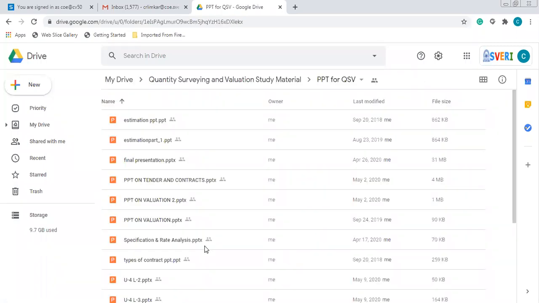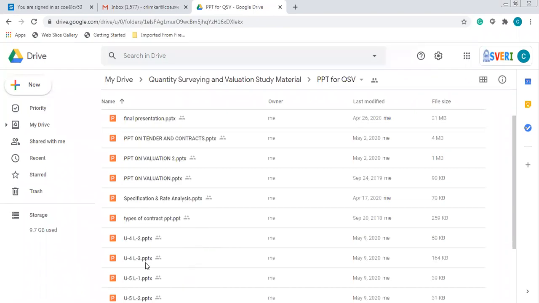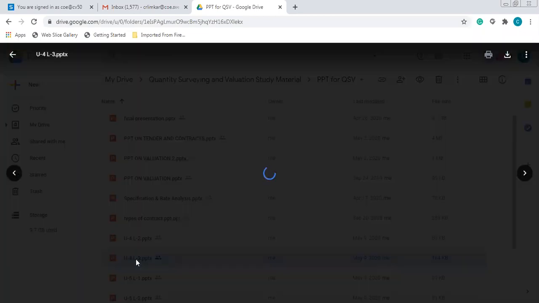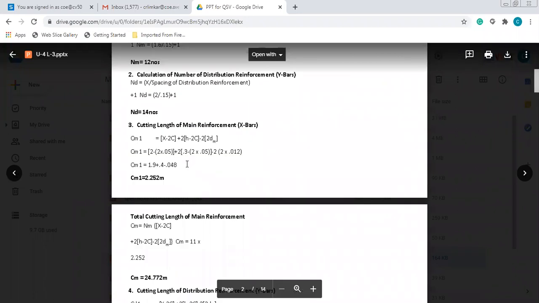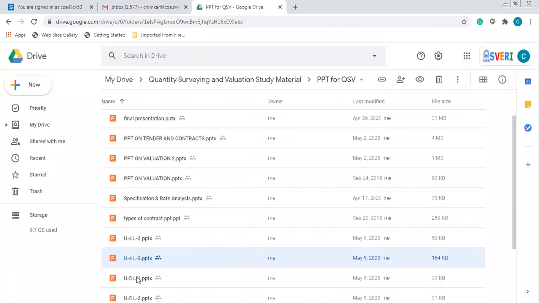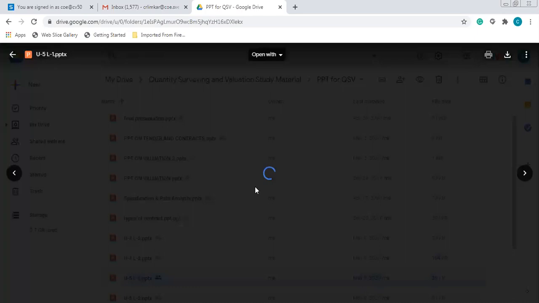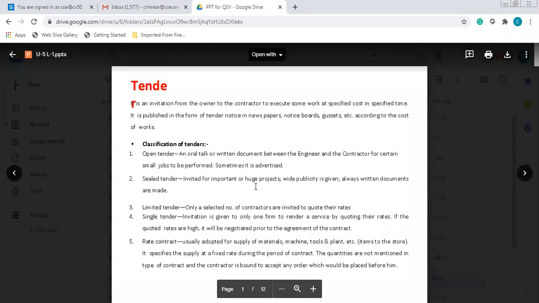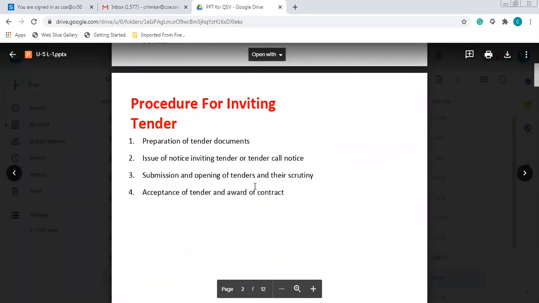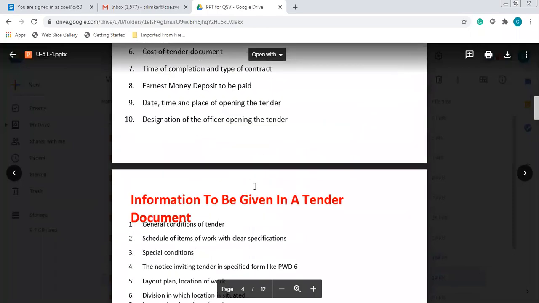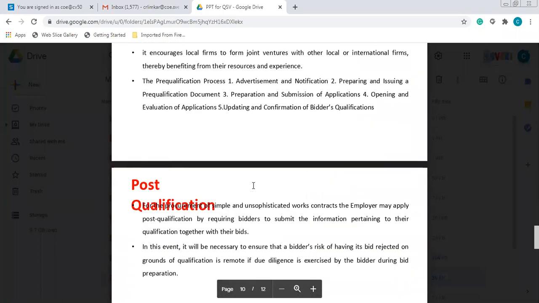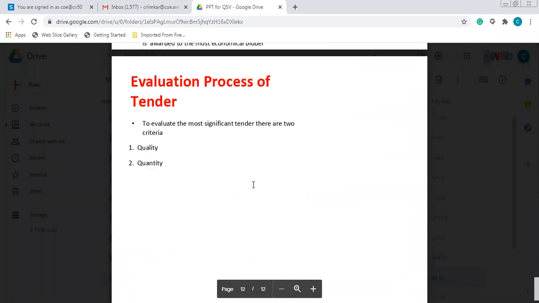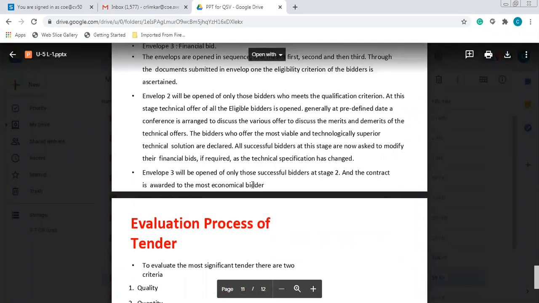Tenders. To begin, with the tenders or with the contracts? Bid bundling schedule, procedure for inviting tenders, information of the tenders, earnest money.